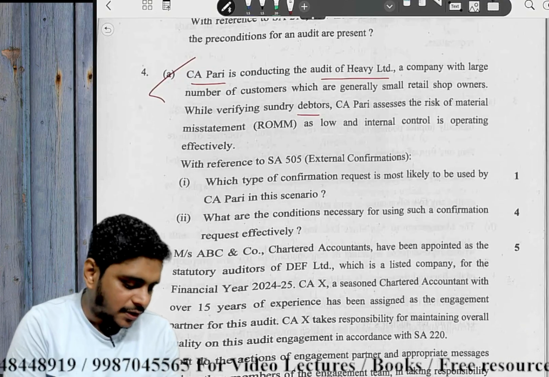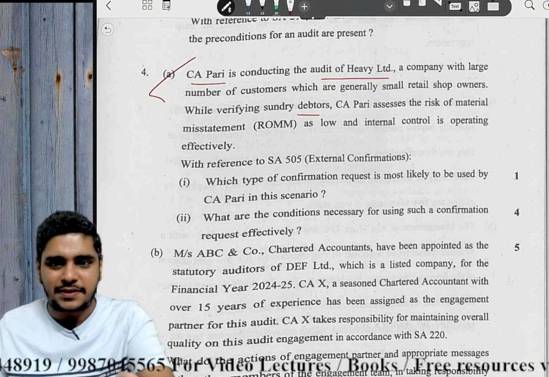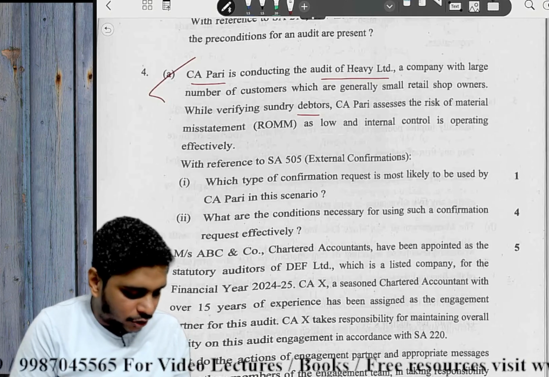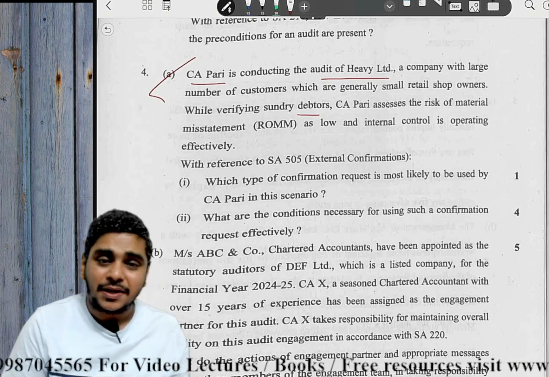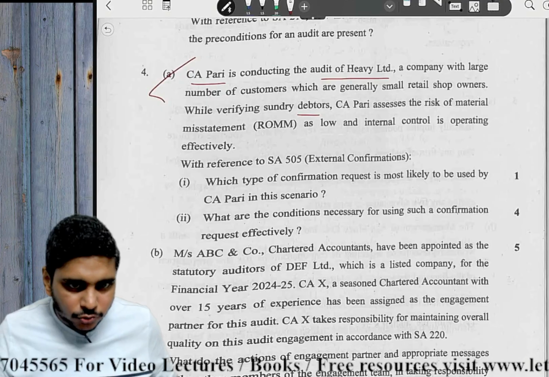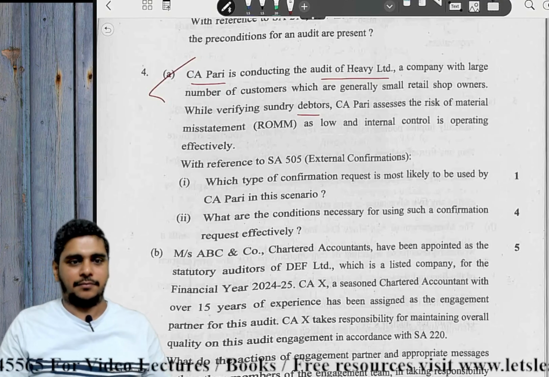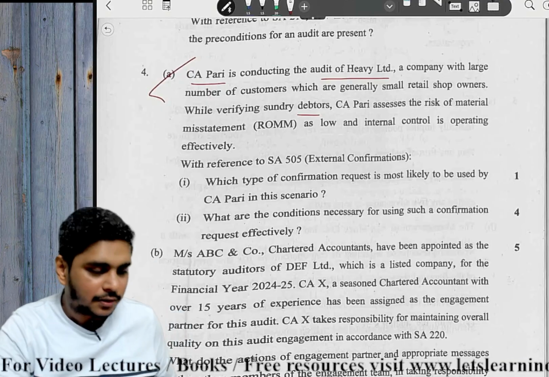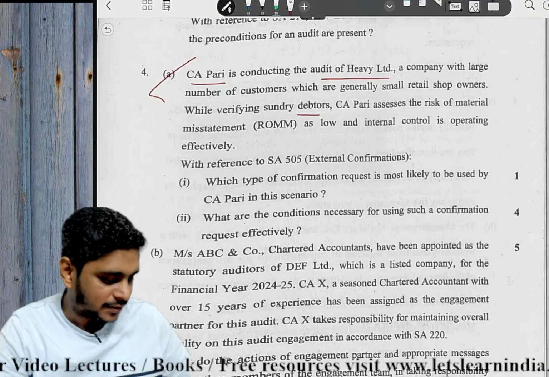Now with reference to SA 505, they have given the SA number. Which type of confirmation request is most likely to be used by CA Pari in this scenario? It's a 1 mark answer, so you can't write in depth. Now you tell me which confirmation it is.